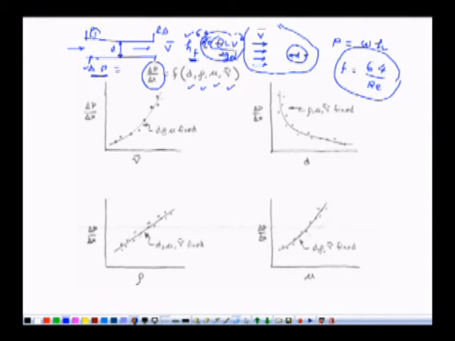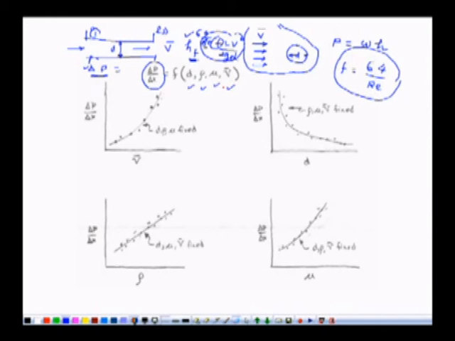So, this physical phenomenon is a function of these independent variables. If we want to know what is del P over del X for a given diameter, density, viscosity and velocity, we have to conduct a large number of experiments, right.